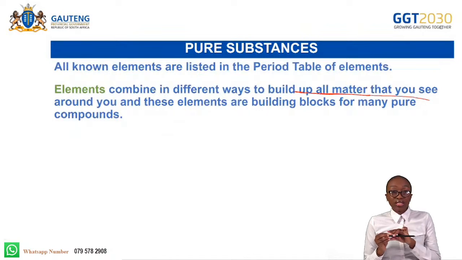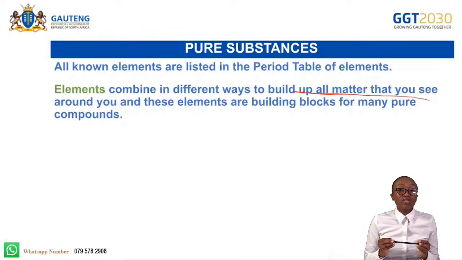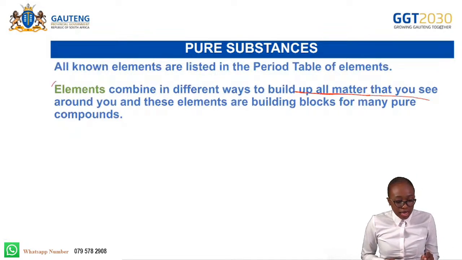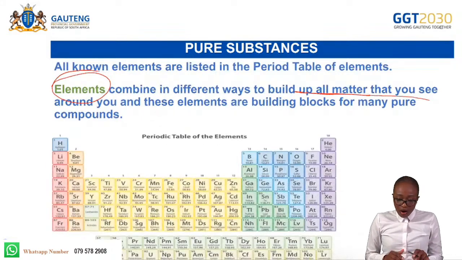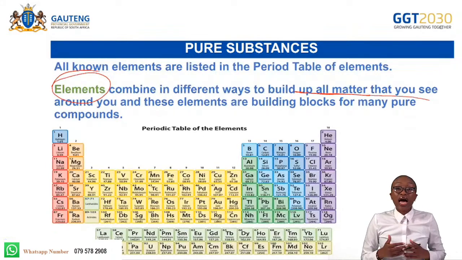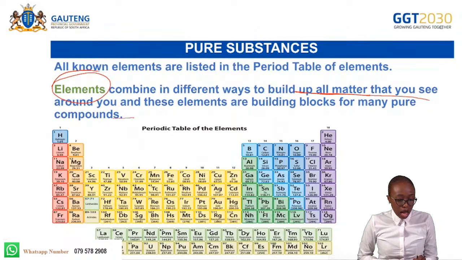And all this matter is made of tiny particles called atoms. And those atoms belong to different elements. Now, atoms of different elements are able to come together and form many other pure substances. But these pure substances are then called pure compounds.